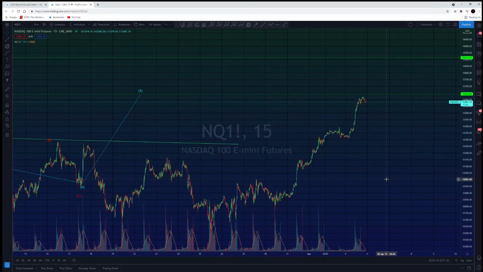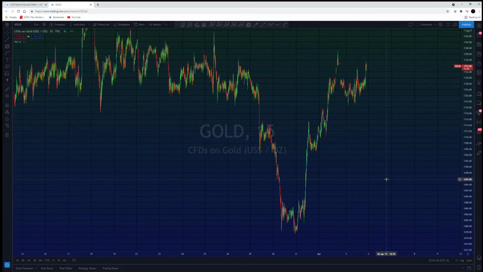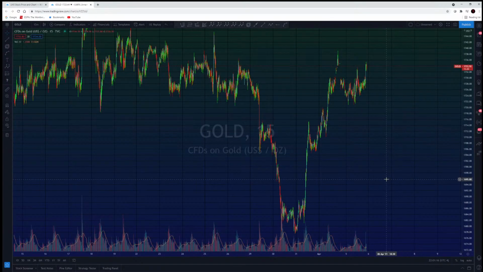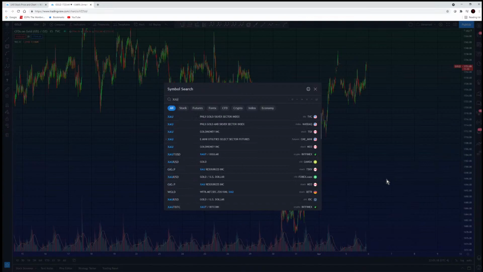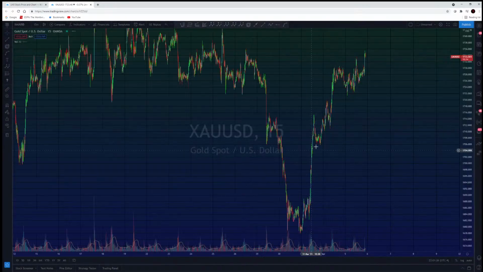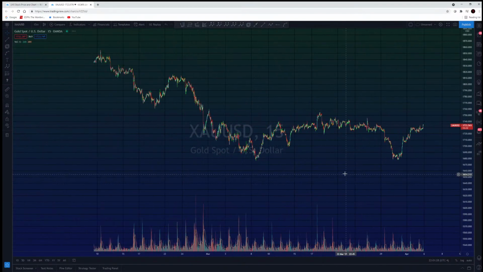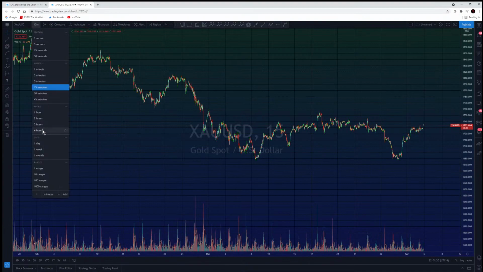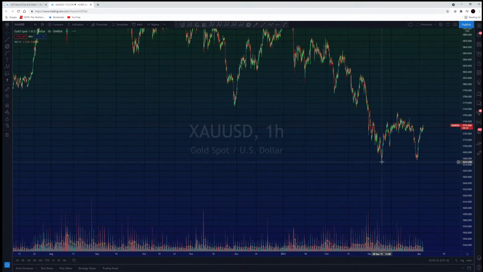Gold. You want probably XAUUSD. Gold's been bearish for a while, and really when you're looking at gold, you got to look at the dollar.